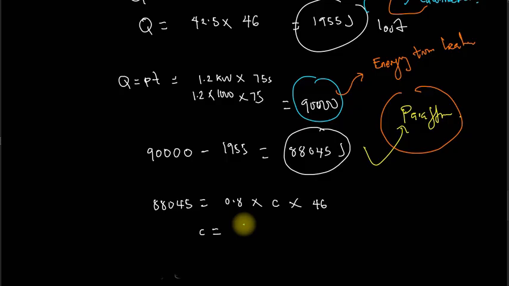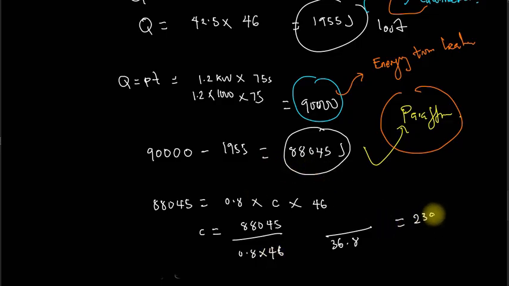So the specific heat capacity is going to be 88045 over 0.8 times 46. 0.8 times 46 is 36.8, and so 88045 divided by 36.8 is 2,392.5 joules.